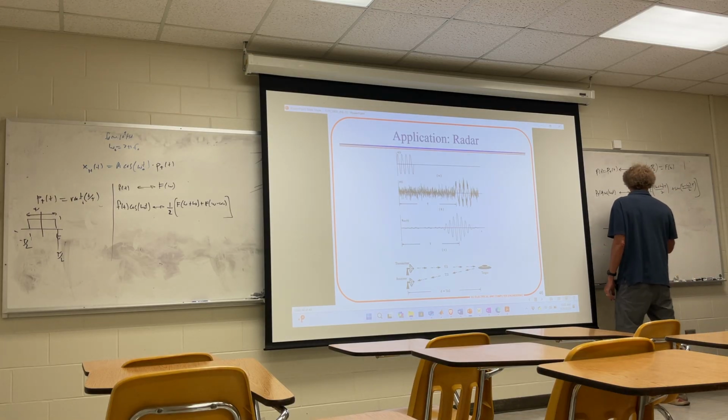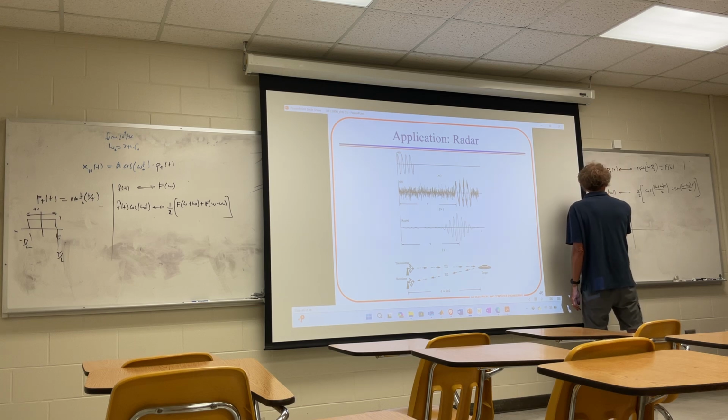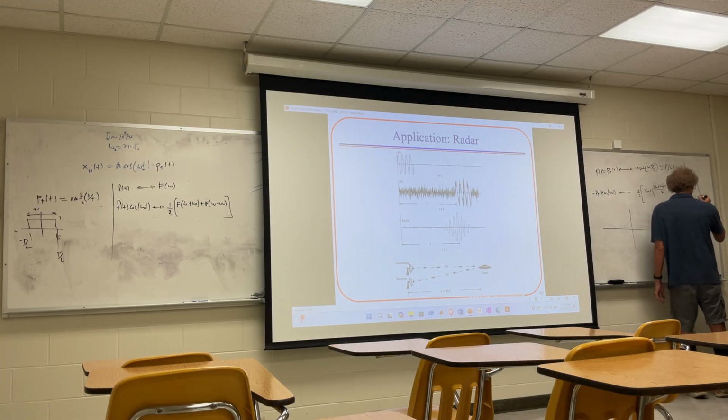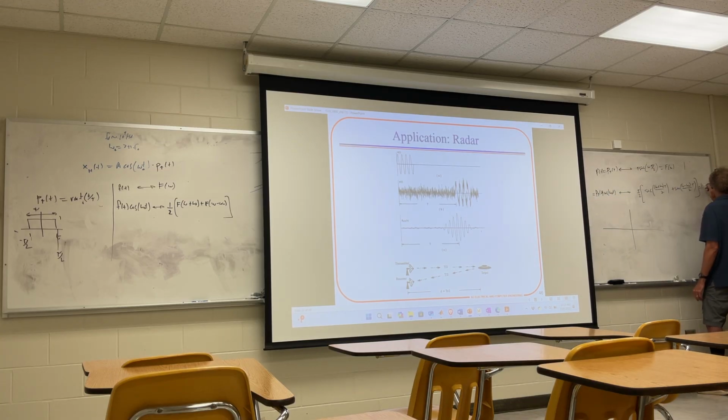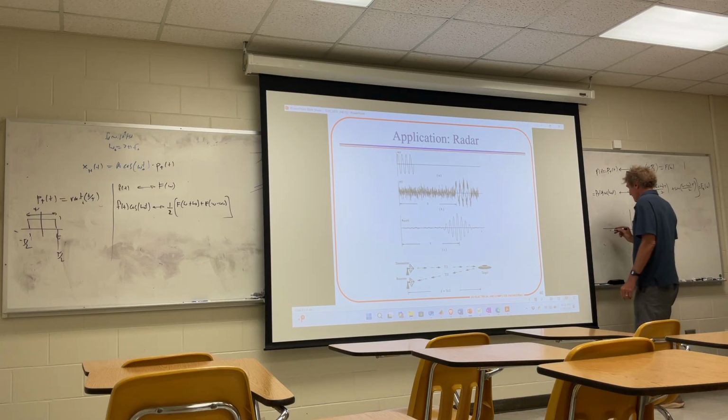If this is going to be the transform of this whole thing, and I'll call this F of X of omega, so it is the transform of that short duration waveform.